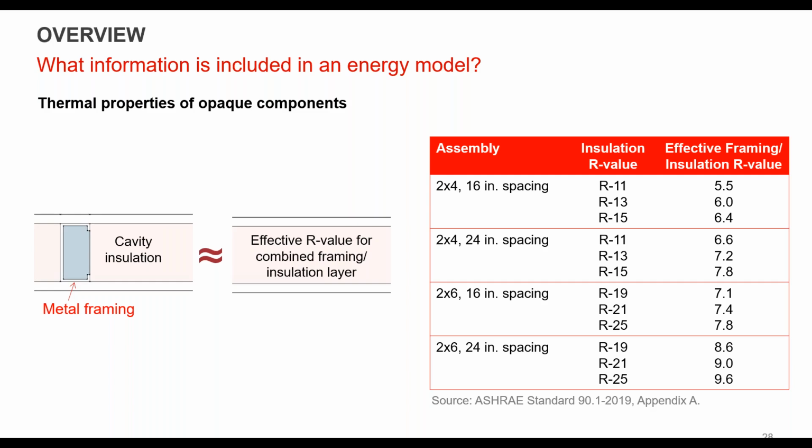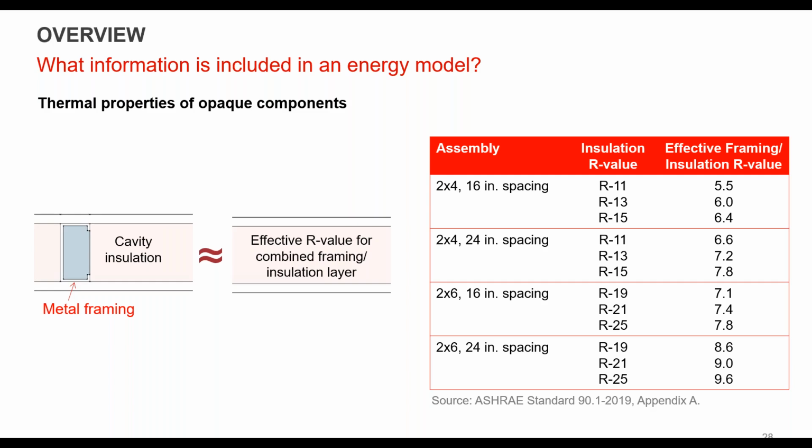Again, some tools will do this directly. The place that I like to use, and I recommend at least as a starting point, is to look at Appendix A of Standard 90.1 2019, which this is for metal. They have this for wood. They have it for mass walls as well, where you actually have tested values of certain spacing and stud sizes, how much insulation, and it gives you an effective R value.